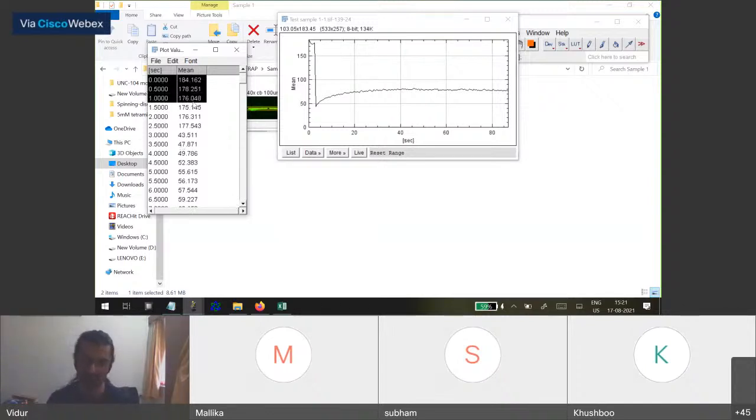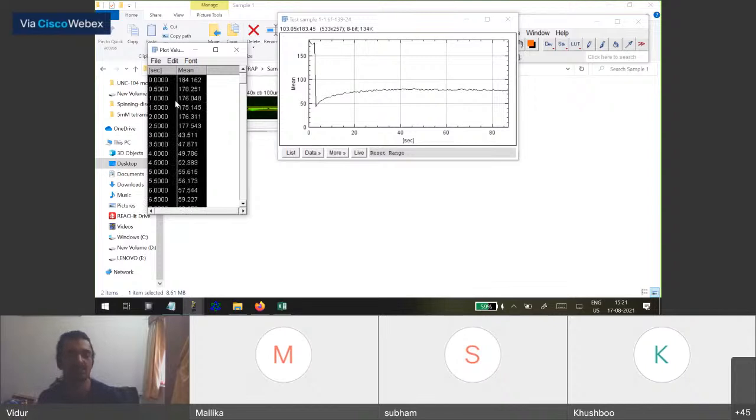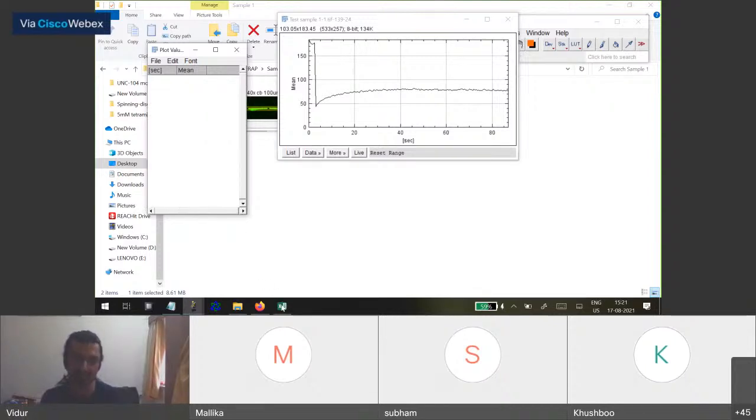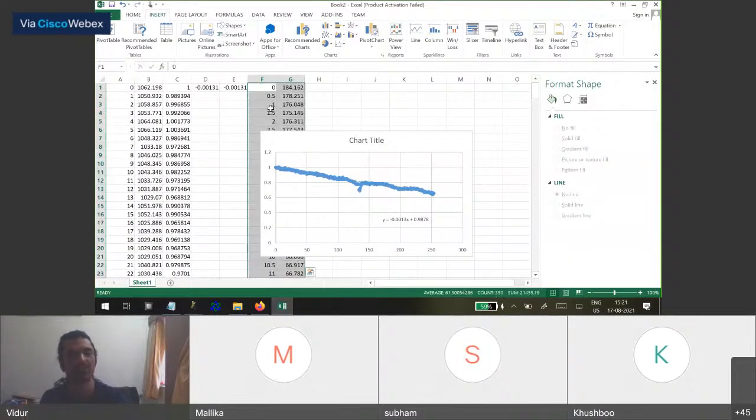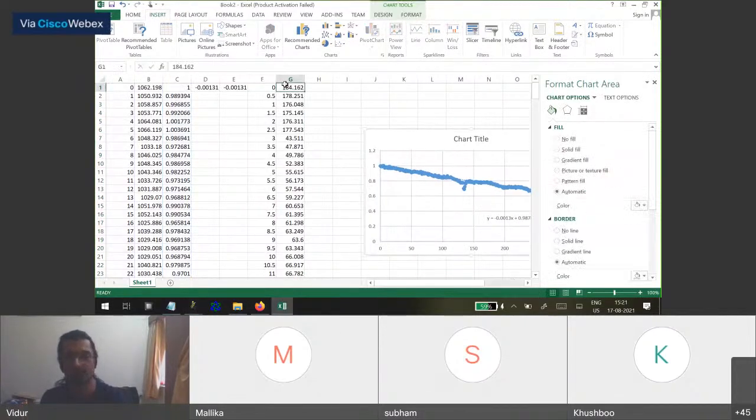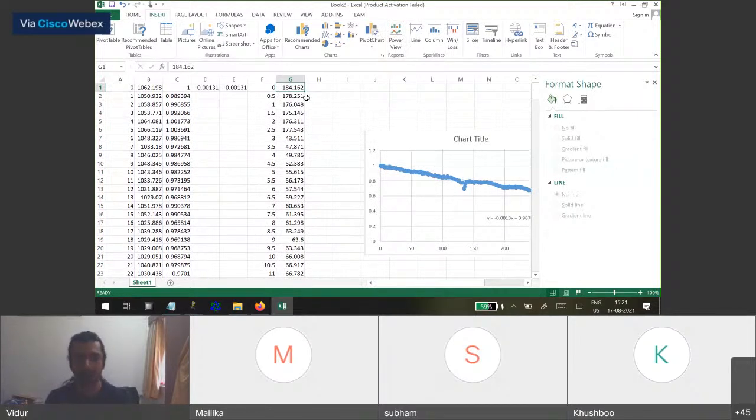Thankfully for us, we already have the exact time as well as the intensity for the frame. Now we do the same thing, which is just select all the values, copy paste it in Excel. So now we can have our test data set over here.